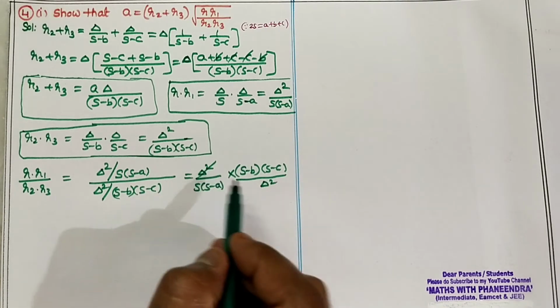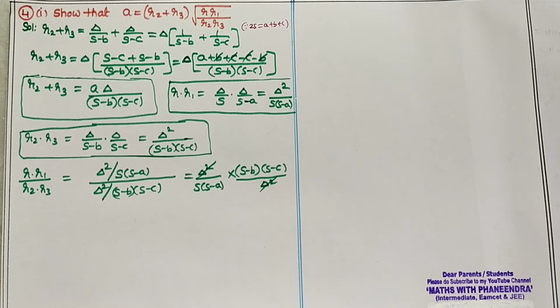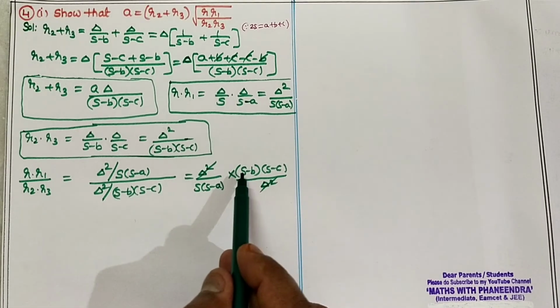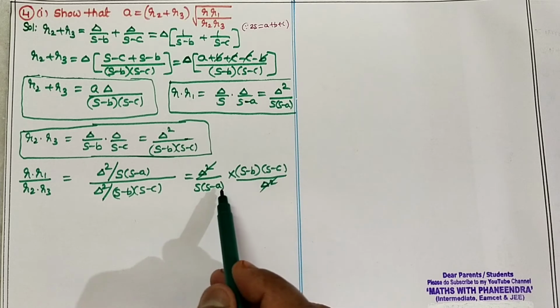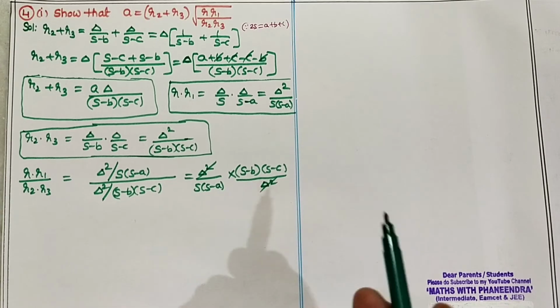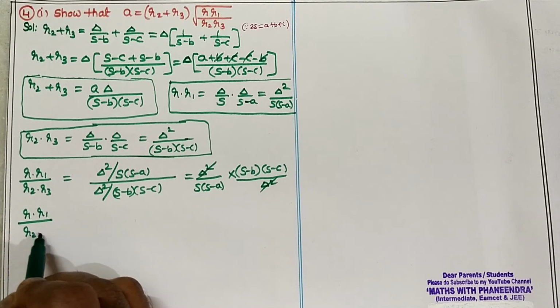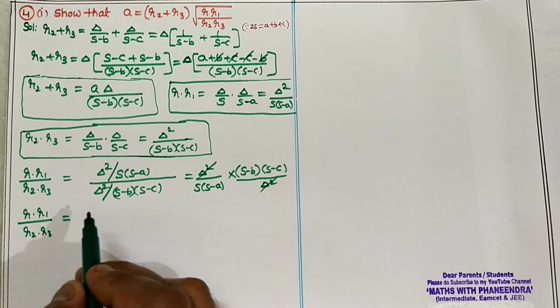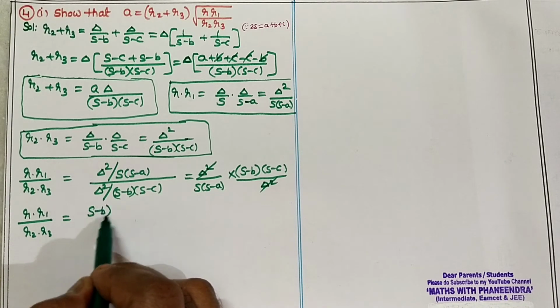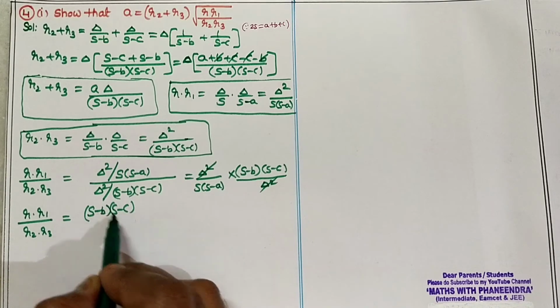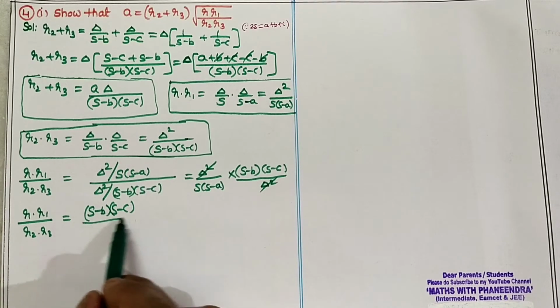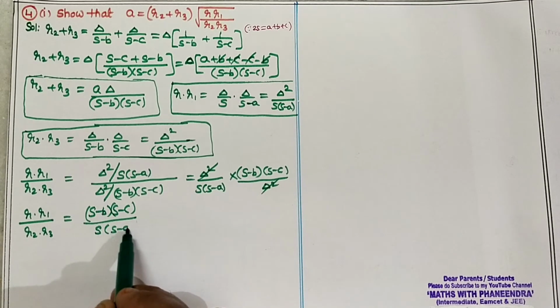So delta square get cancelled. The remaining values we have s minus b into s minus c by s into s minus a. So r into r1 by r2 into r3 is equal to s minus b into s minus c divided by s into s minus a.